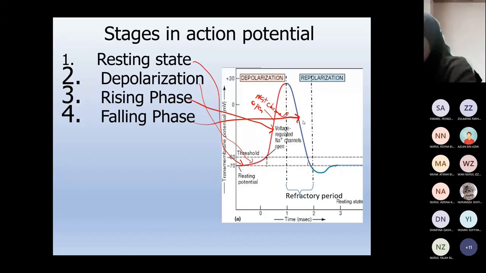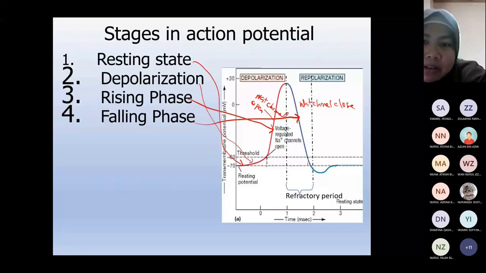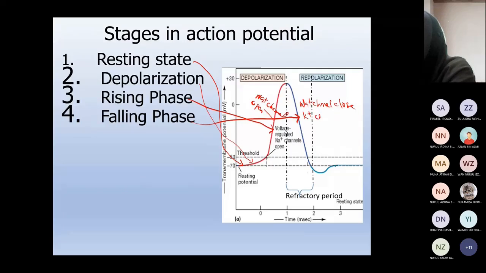Okay, what happens here? During the falling phase, the sodium ion channel is closed. No more influx of sodium ion. Sodium ion channel is closed, but potassium ion channel is open. So you have efflux. Efflux means diffuse out.